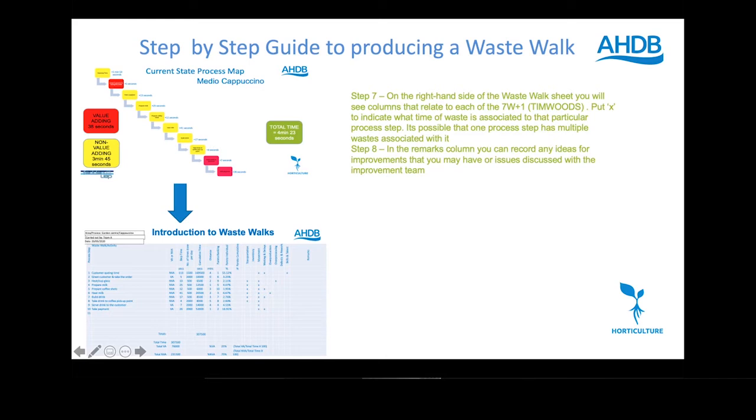Hopefully you won't get any crosses, any waste, against the value add steps, because normally if it's value add, there's no waste associated with it. So if you do, that means you can break that step down further and break out the waste or the non-value add from that individual step.